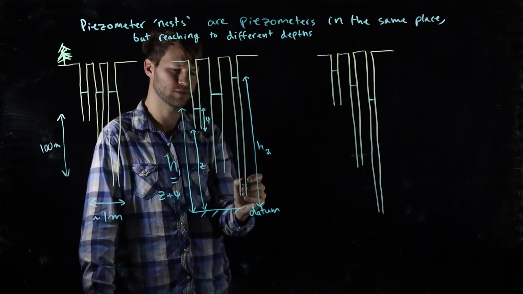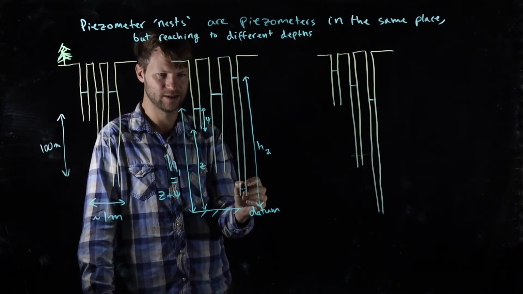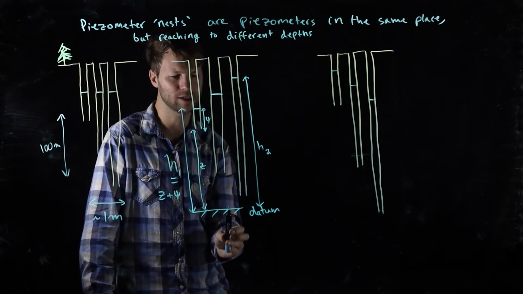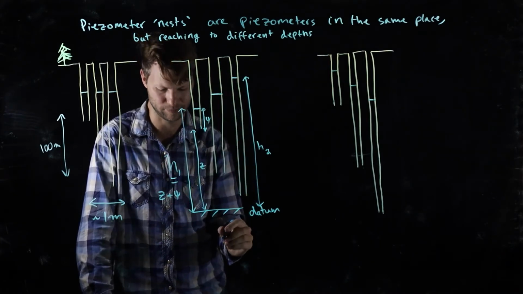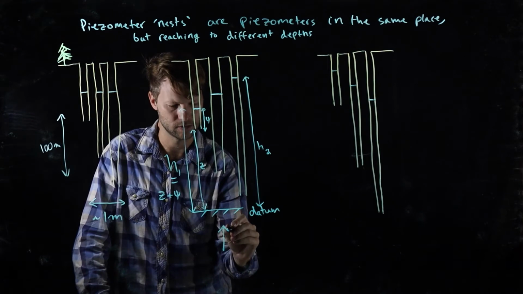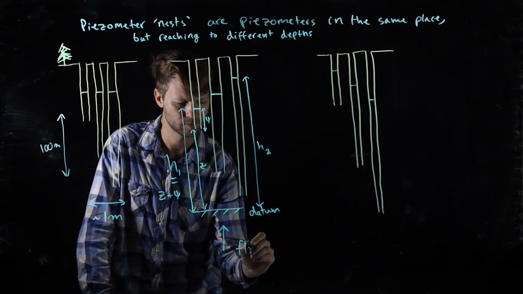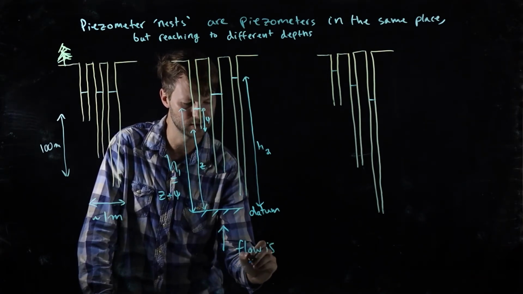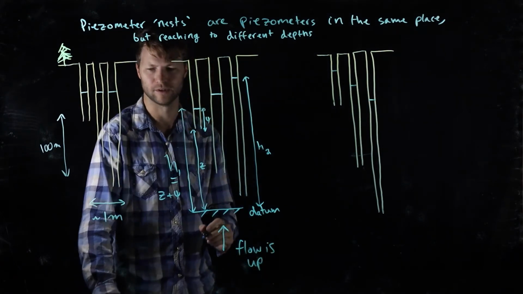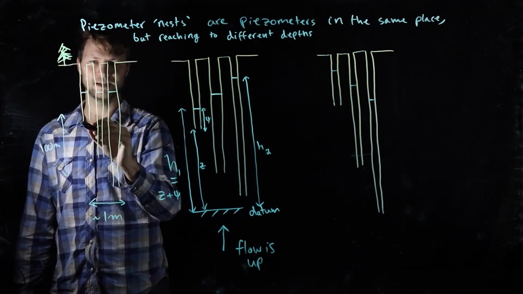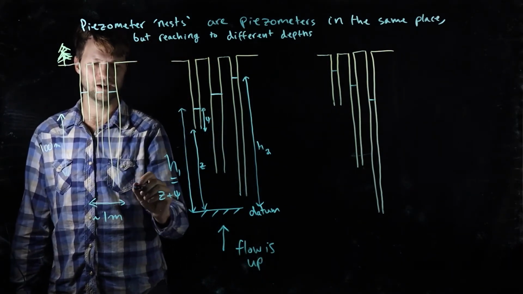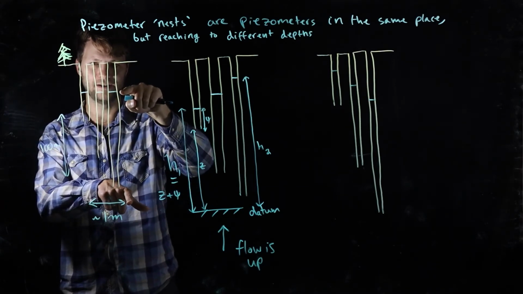And so if water's flowing from areas of high head to low head, it's going to be flowing up in this example. So flow is up, vertically upwards.